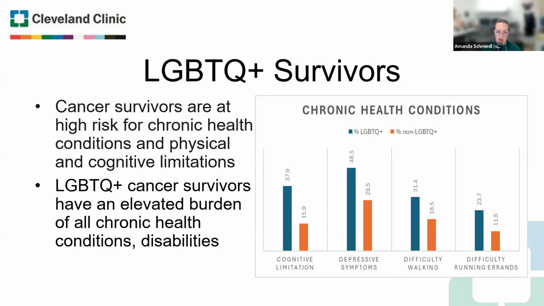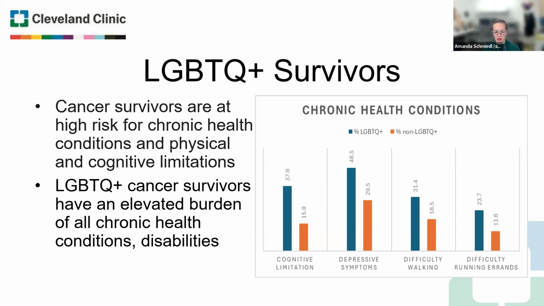As you can see, the LGBTQ plus patients are in blue, the non are in orange, and the percentage of those cancer survivors who identified as LGBTQ plus had markedly higher incidence of cognitive limitations, depression, difficulty walking, difficulty running errands, being independent in their lives. And this includes heart disease, asthma, COPD, kidney disease, stroke, diabetes.